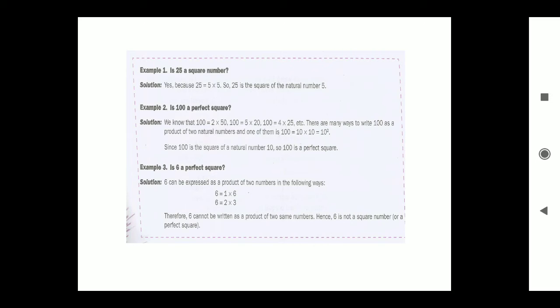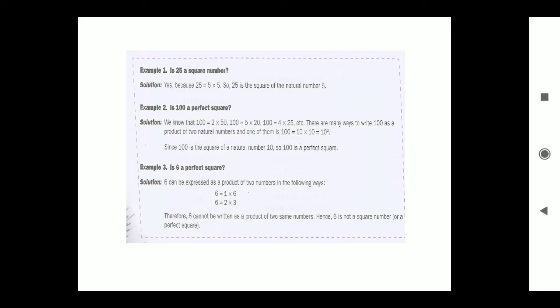We know that 100 is 2 into 50, or 5 into 20, or 4 into 25, that is also 100. There are many ways to write 100 as a product of two natural numbers, and one of them is 100 equal to 10 into 10. All right.